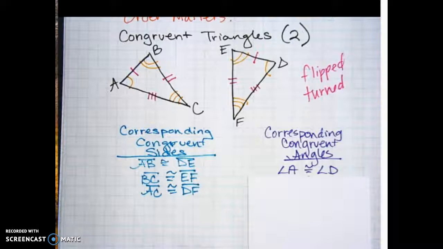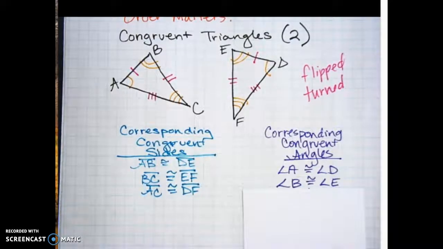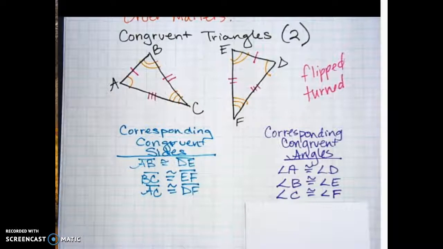So angle A is congruent to angle D. Then look for the double arcs. The double arcs are angle B and angle E. So angle B is congruent to angle E, which makes the third one. Angle C is congruent to angle F.